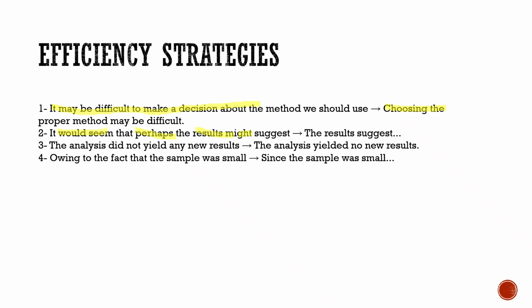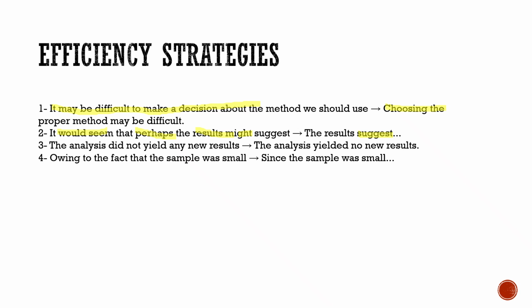Here we are expressing too many hedges, so we have a hedge overload. So this can simply be replaced by: the results suggest. The verb suggest in itself has less of a degree of certainty about it that can express this uncertainty, rather than using it would seem, perhaps, results, might suggest, and so on.